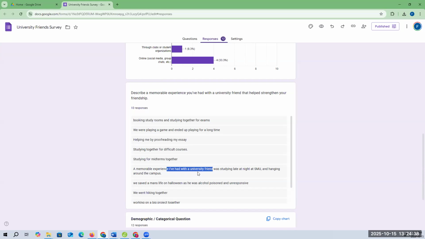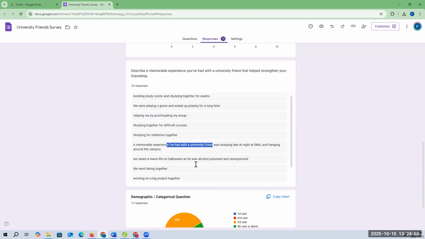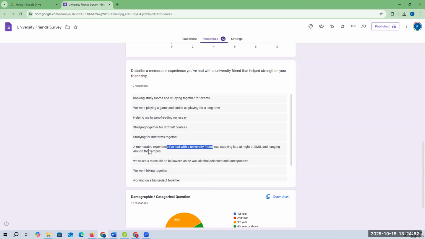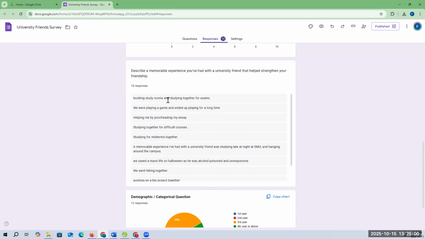So it seems that it's more about when the friend is working with the student in a more academic setting, where they're working together on a project or an essay or studying together for an exam or a test.